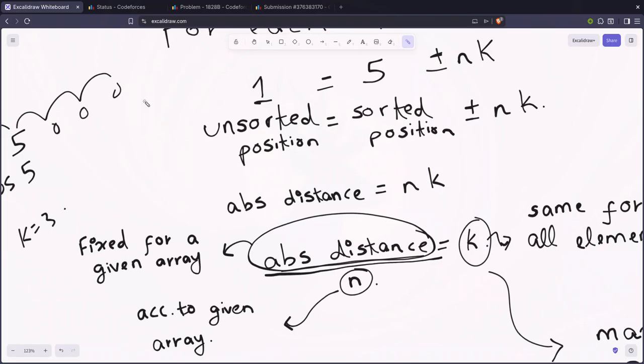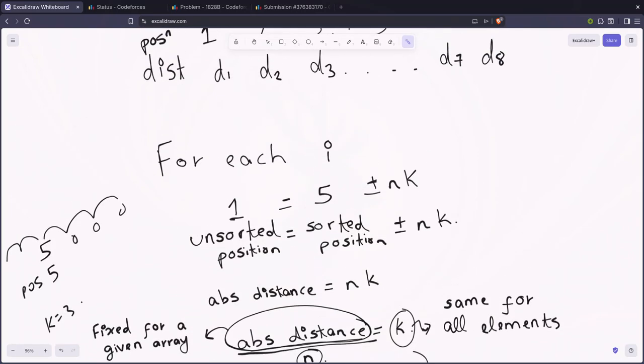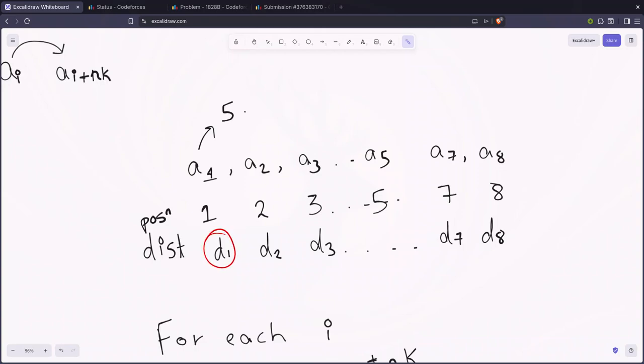Therefore, for a particular array, we have to find a k which will be fixed for a permutation. And for a permutation, there are n elements, so there will be n indices, and for each index the absolute distance will be different. Like here the distance will be d1, for this element the distance will be d2.